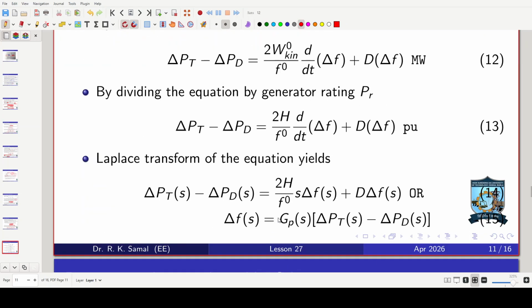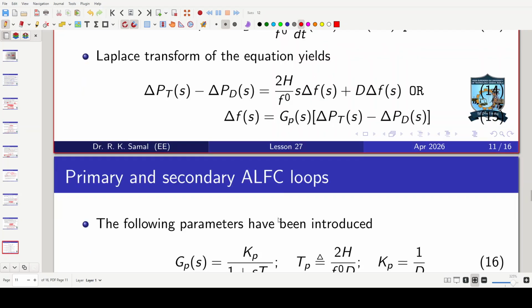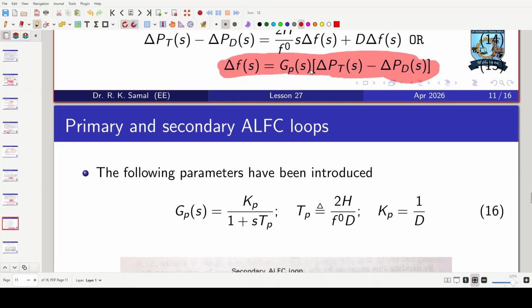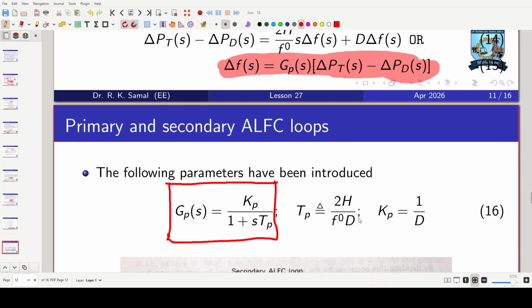All this derivation will eventually lead to these two equations. What was our objective? The objective was to relate the delta F with respect to the difference between the turbine power and the load. That is given by this transfer function known as the power system function, Kp by 1 plus STP, where TP is the power system time constant.